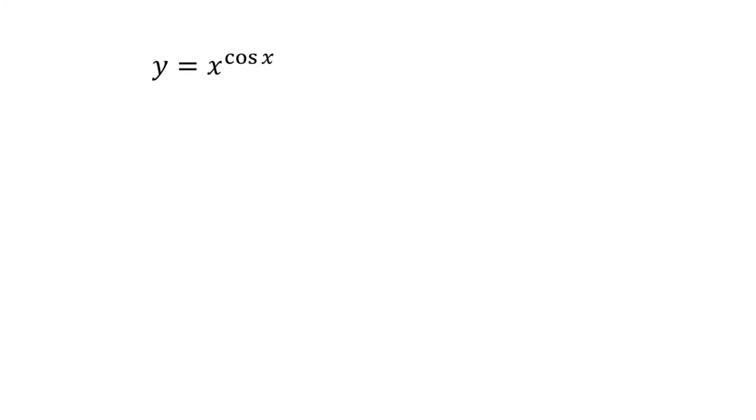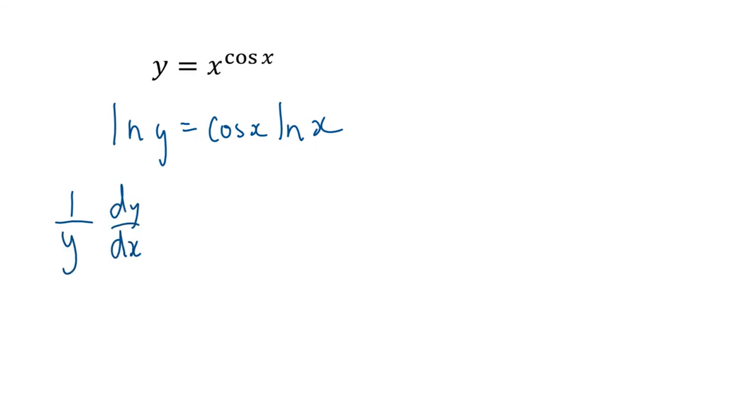So same thing, I've got, this looks crazy, x to the cos x, oh my goodness, but I'm going to take the ln of both sides. And so that brings the cos x down from the exponent, times ln x, and again I have the product rule. So the derivative of ln y is 1 over y dy by dx. Anybody remember the derivative of cos? Derivative of ln x.